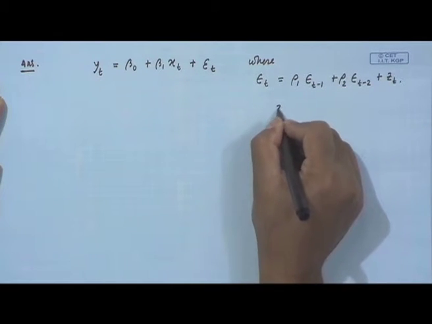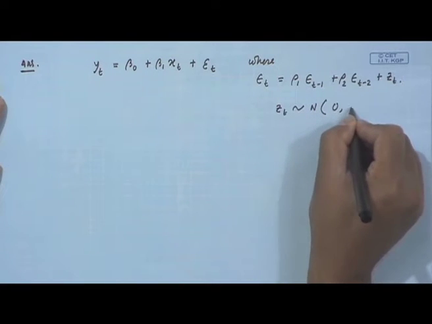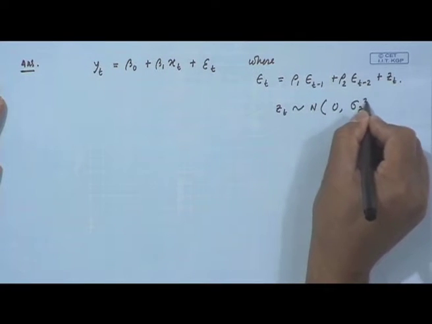This is second order autoregressive, and this z t follows normal distribution with mean 0 and variance sigma z square.